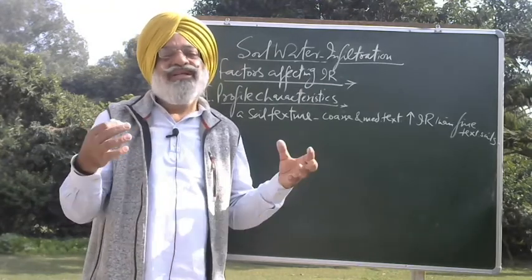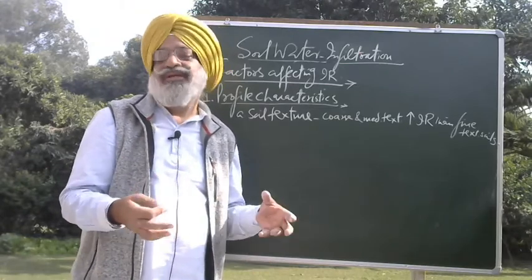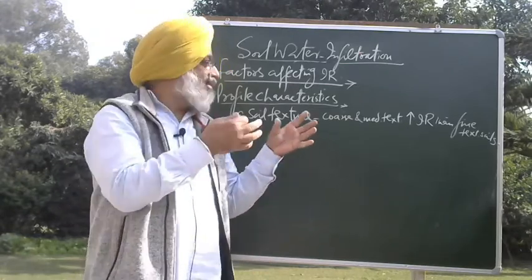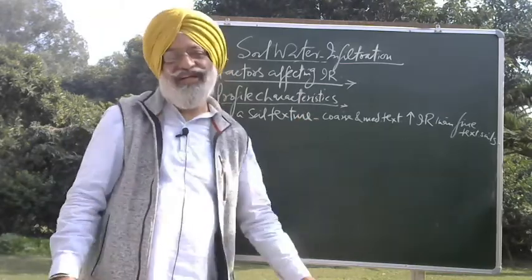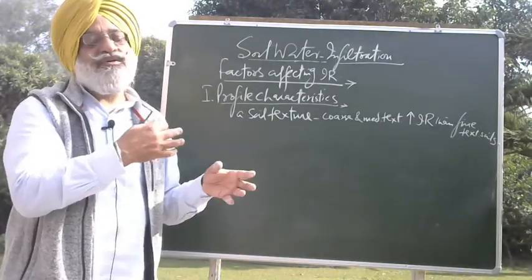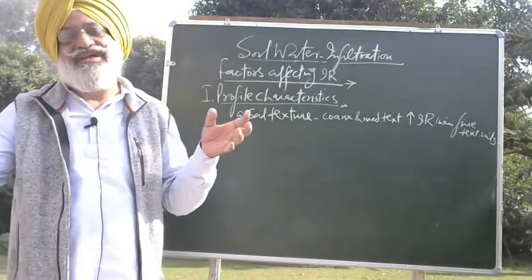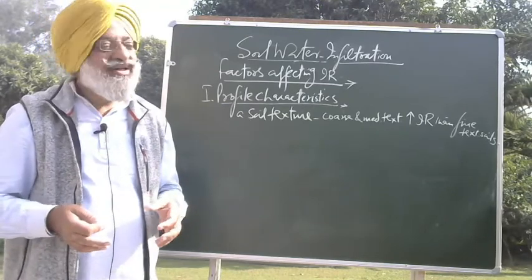But in case where the aggregates are weak in fine textured soils or medium textured soils, then the infiltration rate during later stages may be lower than that of the fine textured soil. Very important point. Generally, we say that okay, it should be always higher in sandy soils than in clay soils.